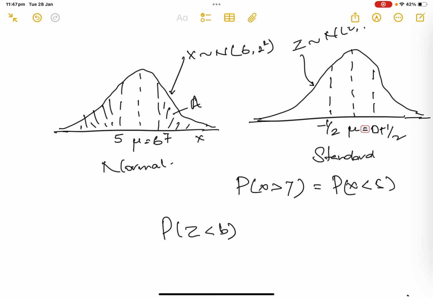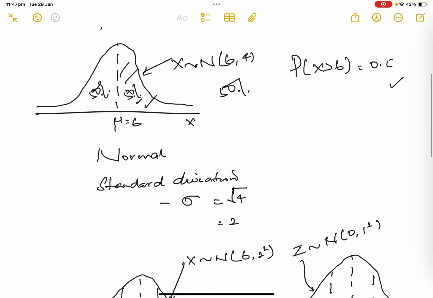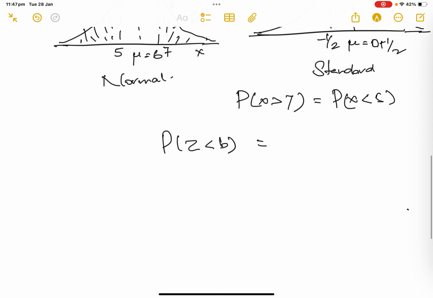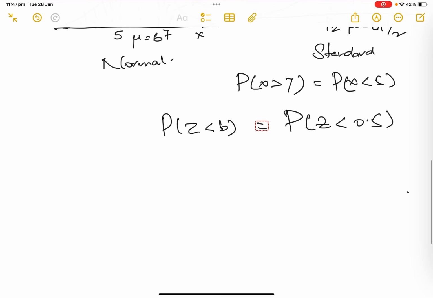So 1 less than 6 is 5, half a standard deviation, which is minus half. So it is P(Z less than minus 0.5).